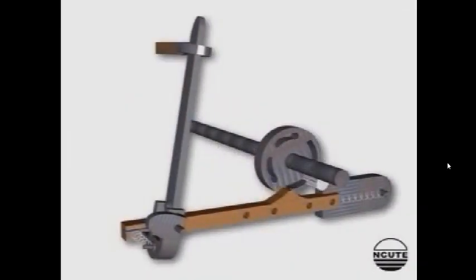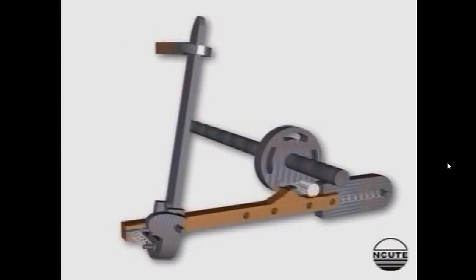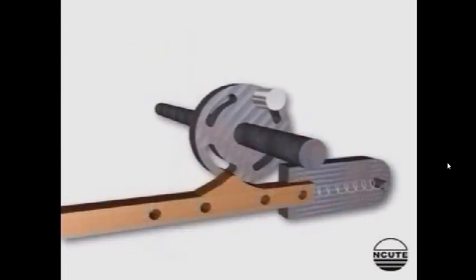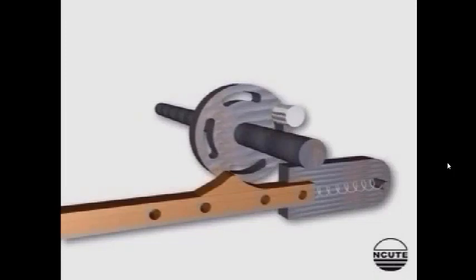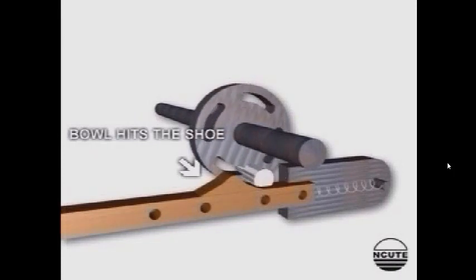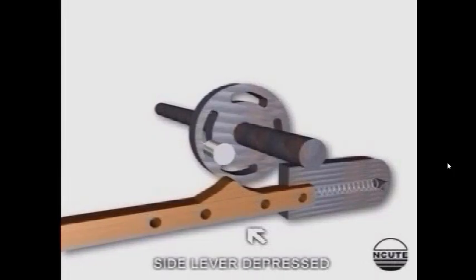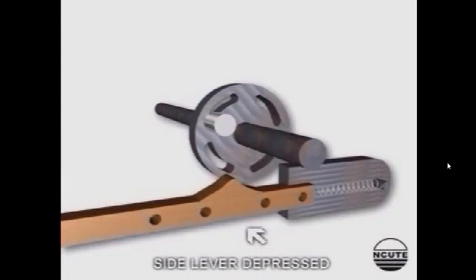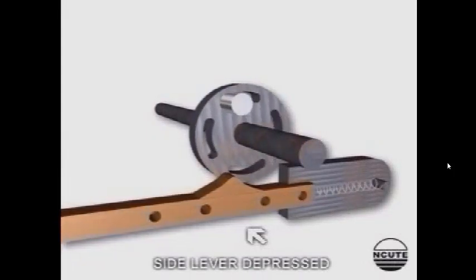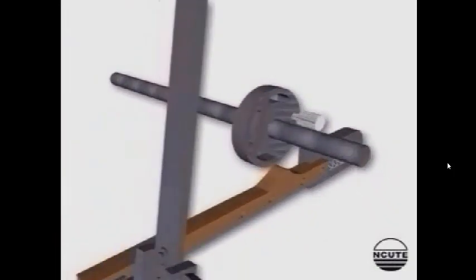The view that we are looking at is the side lever underpicking mechanism. The bottom shaft turns in the clockwise direction. When the crank is at the bottom center, the disc carrying the bowl hits the shoe and the side lever is depressed. This action is now transferred to the picking stick, which turns inward.